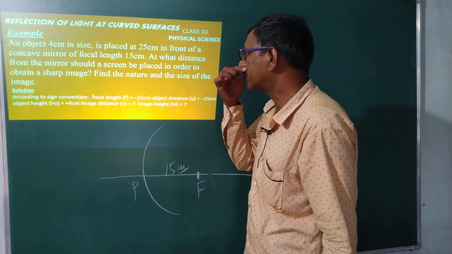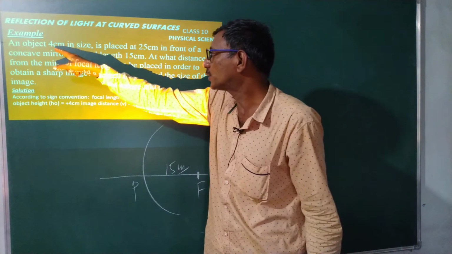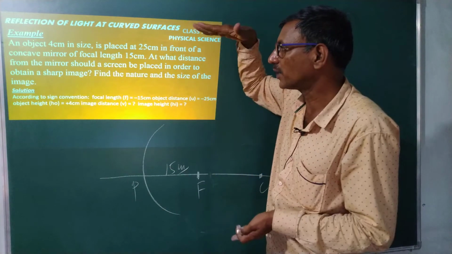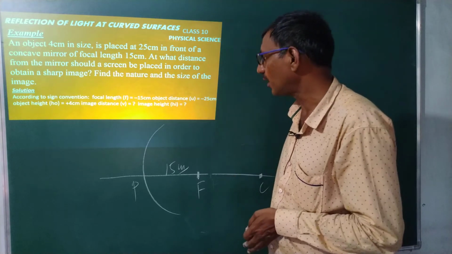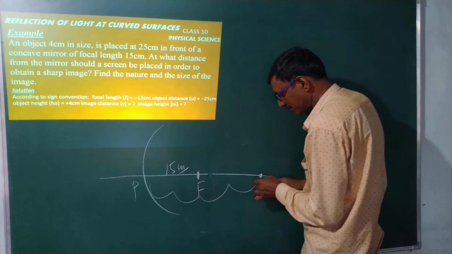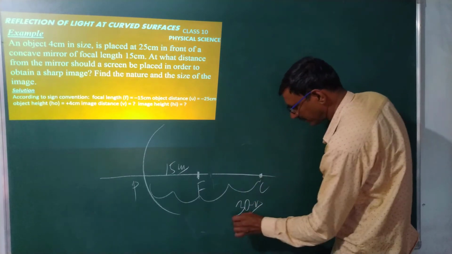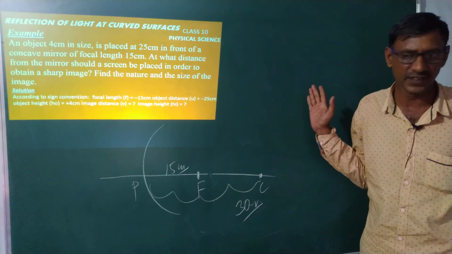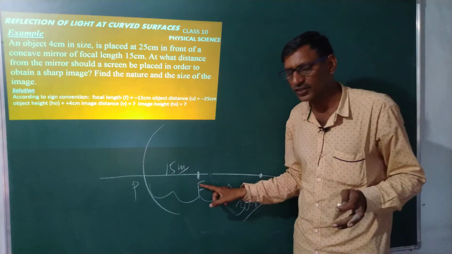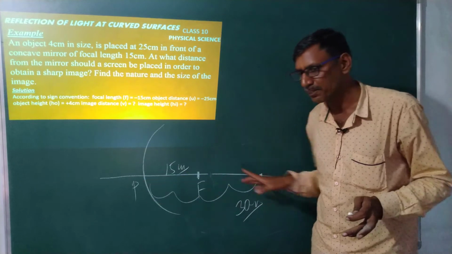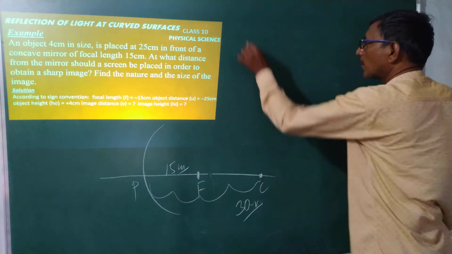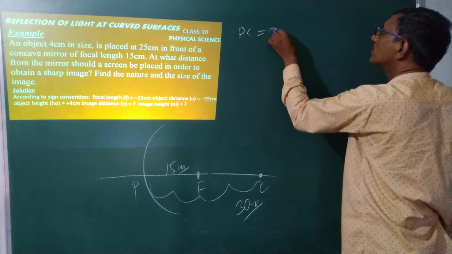My object is 4 centimeter in size, that means the height of the object is given. My center of curvature is clearly 30 centimeters, because F is exactly the midpoint between P and C. So PC is equal to 30 centimeters.